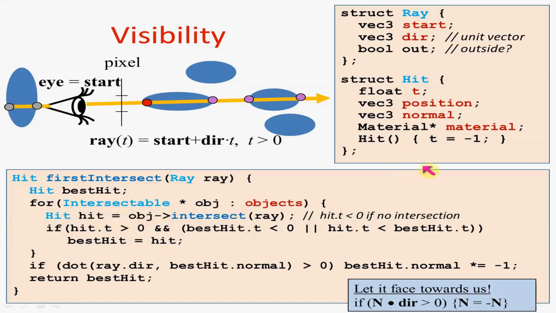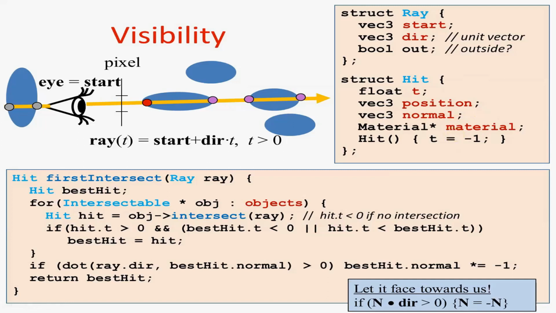This hit structure contains the ray parameter t, or a negative value just to indicate that there is no intersection. In addition to the ray parameter, this structure also stores the position in world coordinates, the normal vector of the surface at the hit point, and also the material properties here. So intersection calculation should also determine the normal vector of the surface at this particular point.